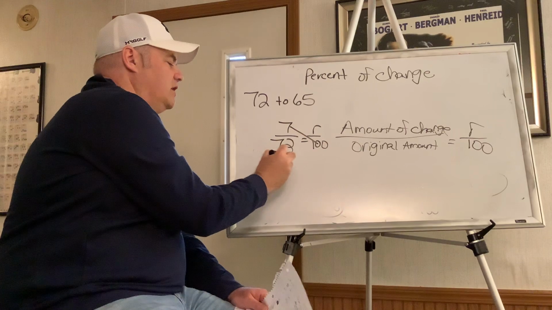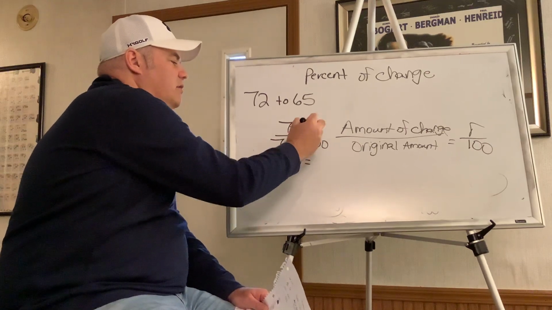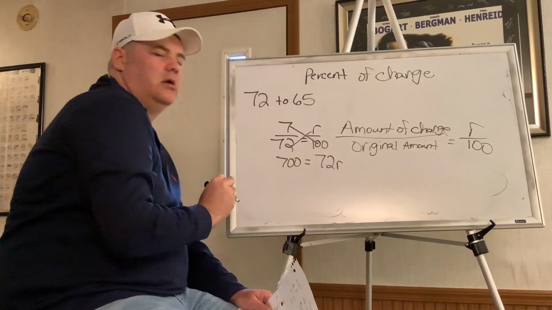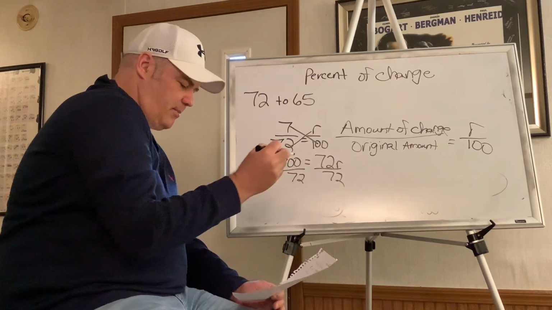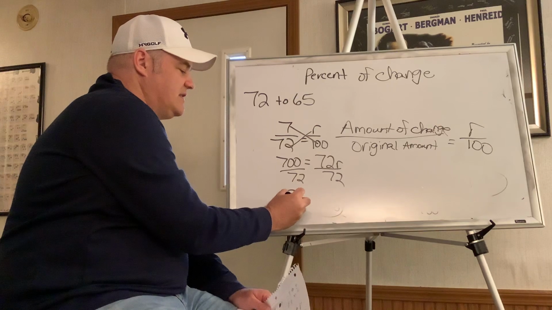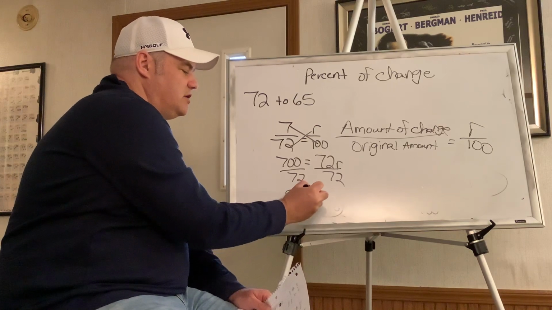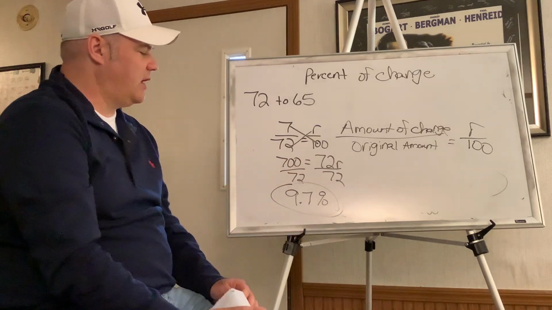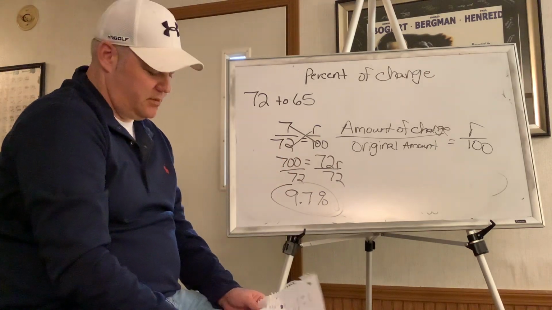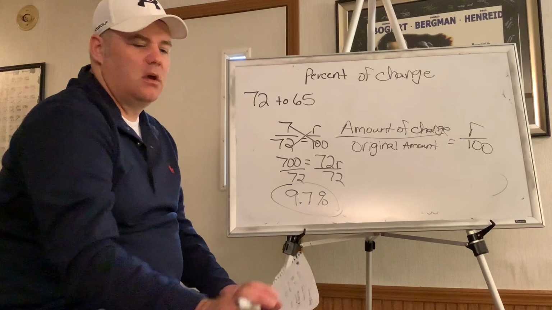Now you cross multiply: 700 equals 72R. I just need to divide by 72, and you get 9.7 rounded to the nearest tenth. It's already in percent, you don't have to move the decimal twice. 9.7% of decrease.